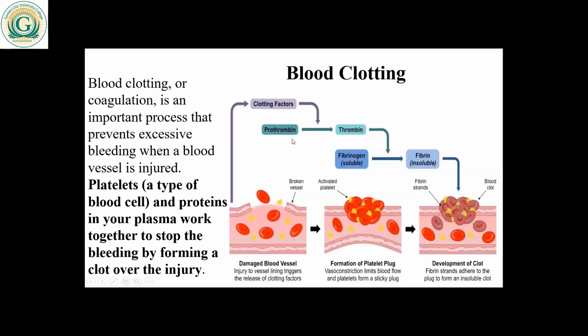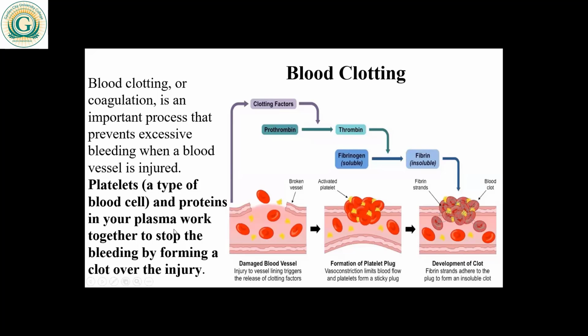The clotting process is also known as coagulation. It's an important process to prevent excessive bleeding when a blood vessel is ruptured or disrupted. These platelets, together with some proteins called clotting factors found in the plasma, work together to stop bleeding by forming a clot over the injury.